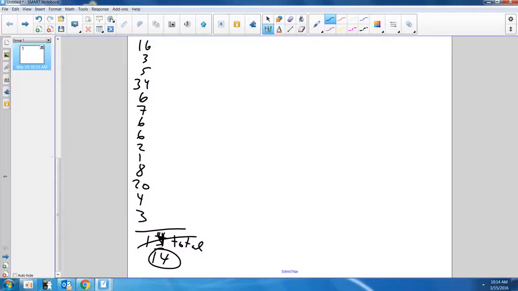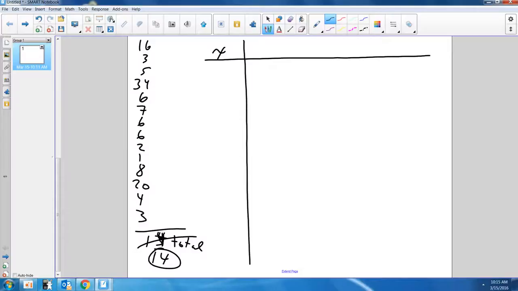All right, so I want to do this first by hand with a table, and then go to my graphing calculator. How do I do this at the table? Well, first of all, I want to create an x column, and I want to do my table following the formula for finding the standard deviation. So it's x minus x bar, x minus x bar quantity squared.